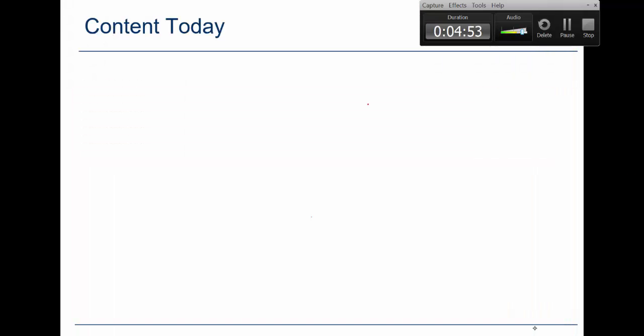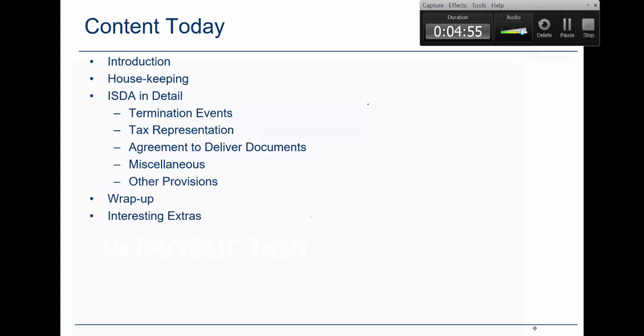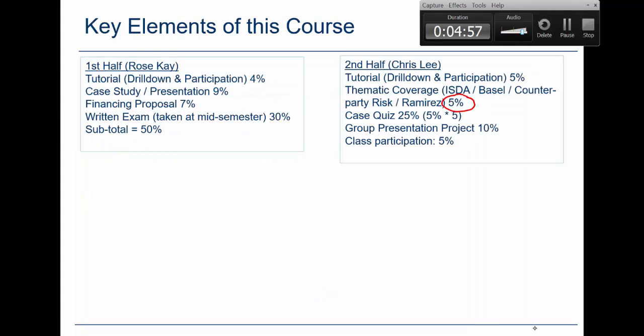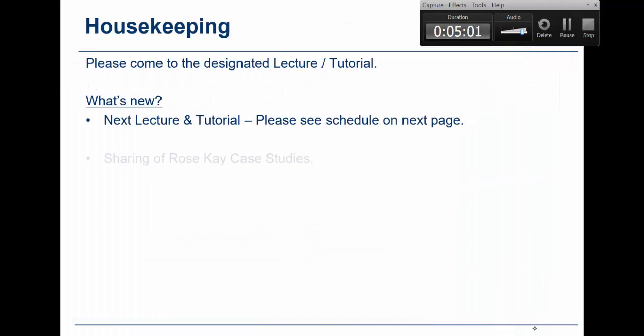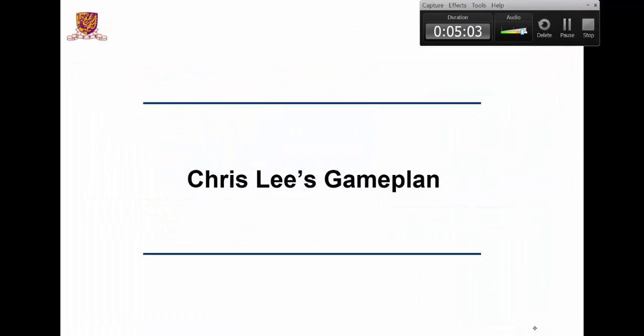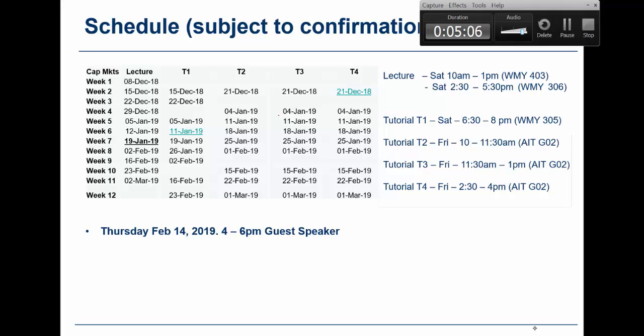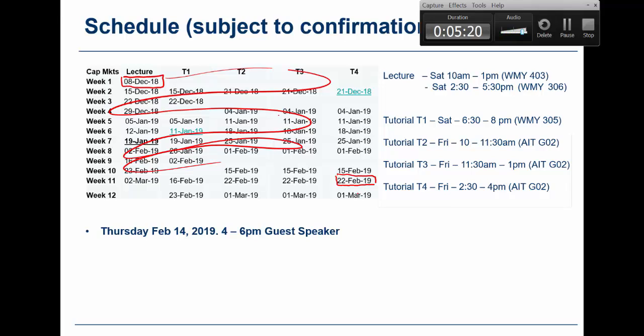Now, where are we on our roadmap? You are already here. We went from here, and we've gone for the last 10 weeks, basically all the way like this, and now you are here.